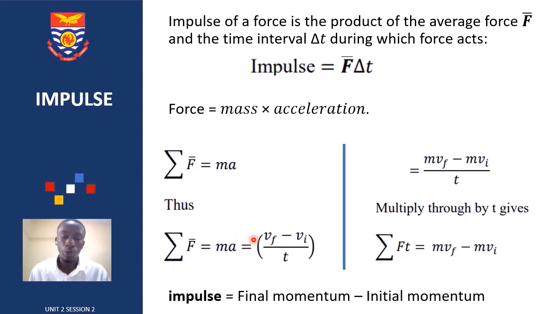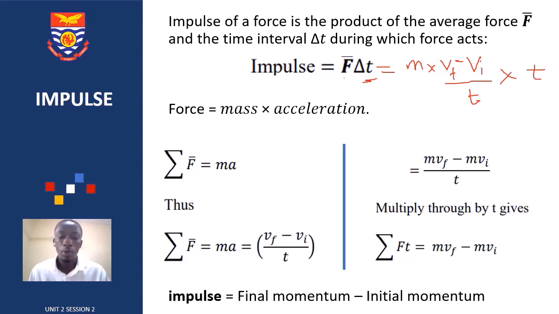So we can replace the F that we have here, that's the ma, where we know that our a right now is the change in velocity, that's vf minus vi over t. So what I've just written here all represents the force, which is going to multiply the t that we already have here.